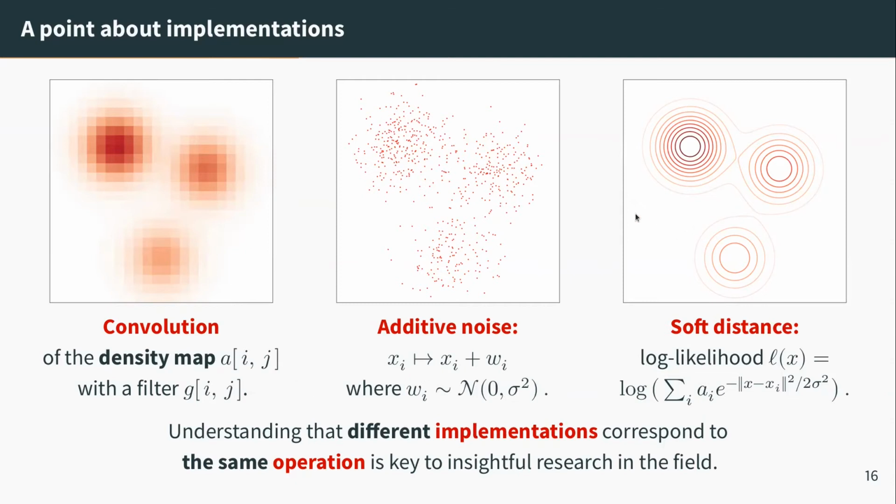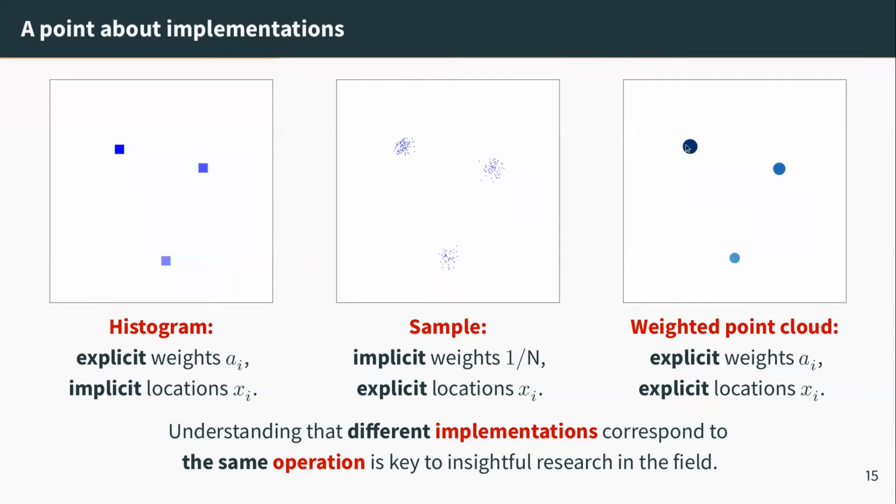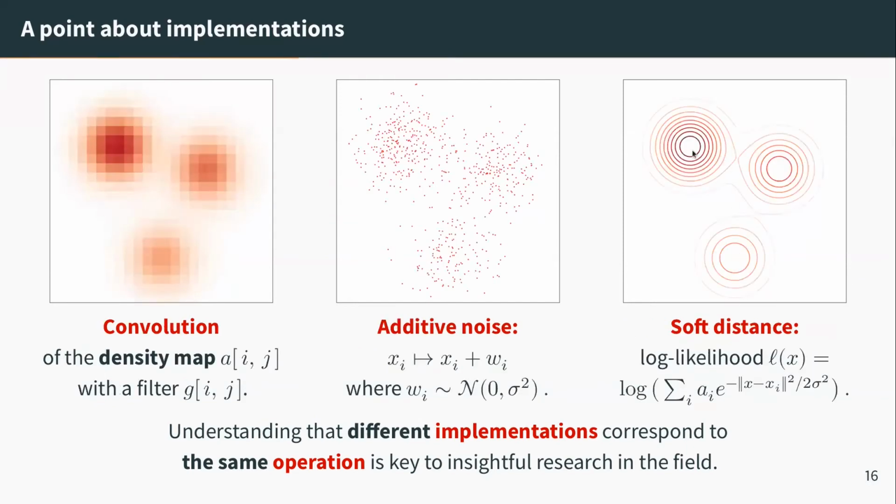And finally, maybe something that is most important in 3D geometry, but also for diffusion models. This is exactly the idea that is behind diffusion models. If I have a set of 3 locations, if I know where my 3 modes are, then making a convolution with a Gaussian corresponds to considering a Gaussian mixture model. And I can compute the likelihood of this Gaussian mixture model, which is actually the likelihood of this random variable.